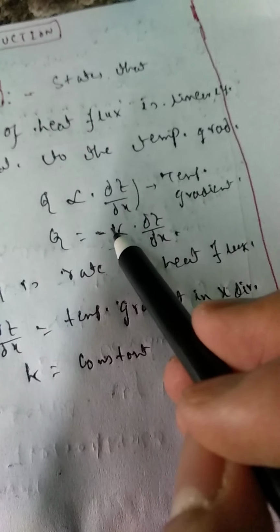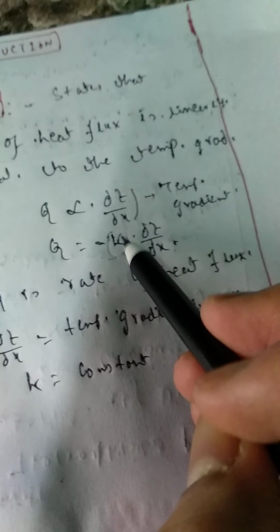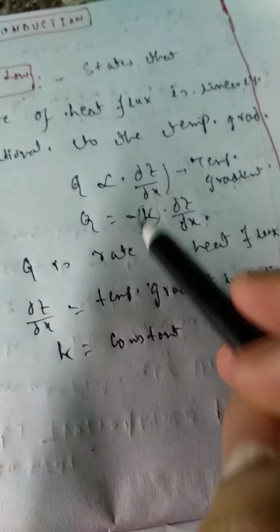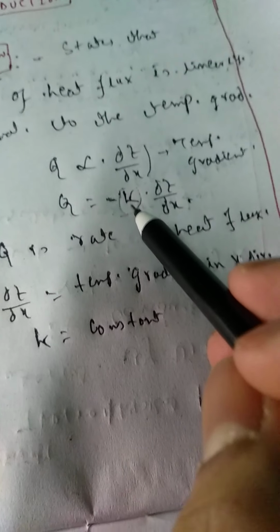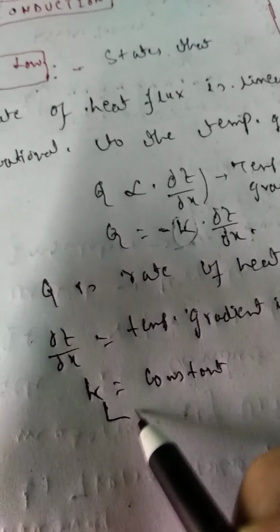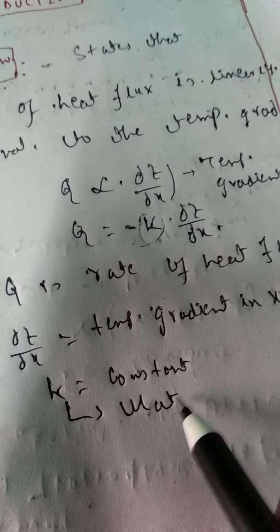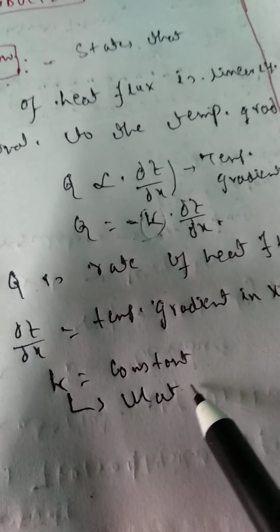Now this K is unique for a particular material. It is the property of a material. It depends on the material through which the heat is being conducted, it can be steel or aluminum or any material.